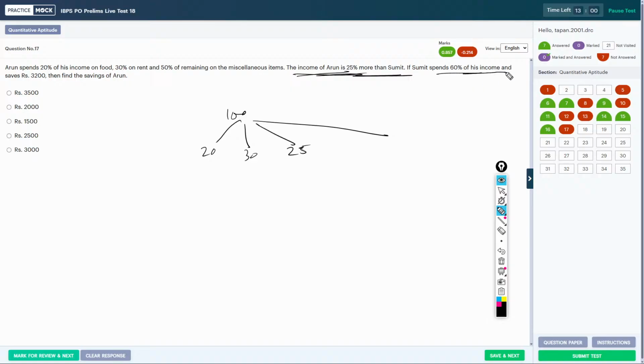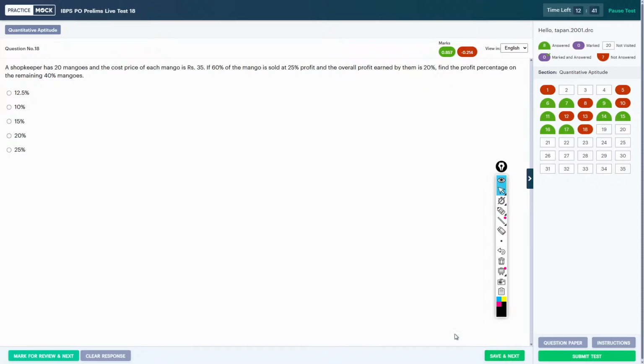Sumit spends 60% of his income and saves this. Okay, so 40% is 320. So 100% is 8,000. So Arun's income is 25, 1/4, so 10,000. So this is 30, 50, 25. So 25 remains savings.